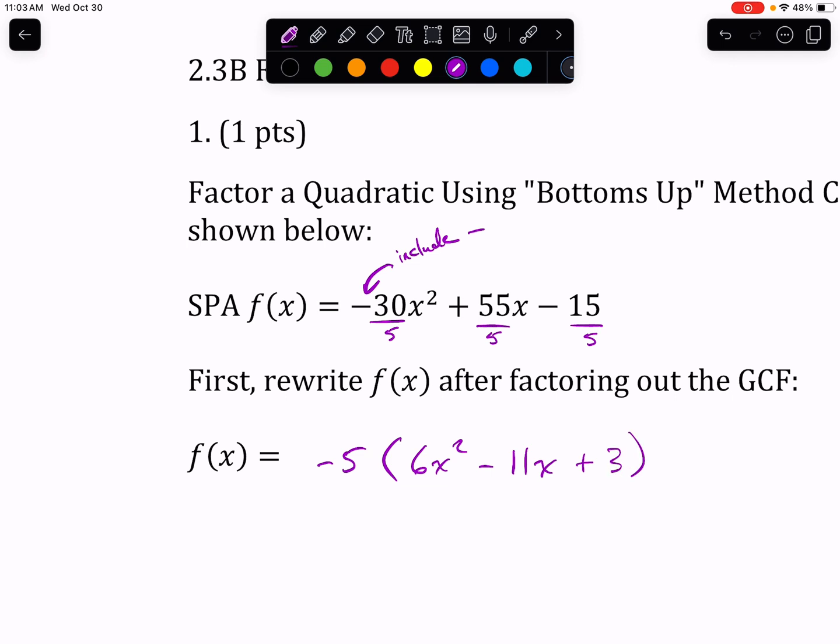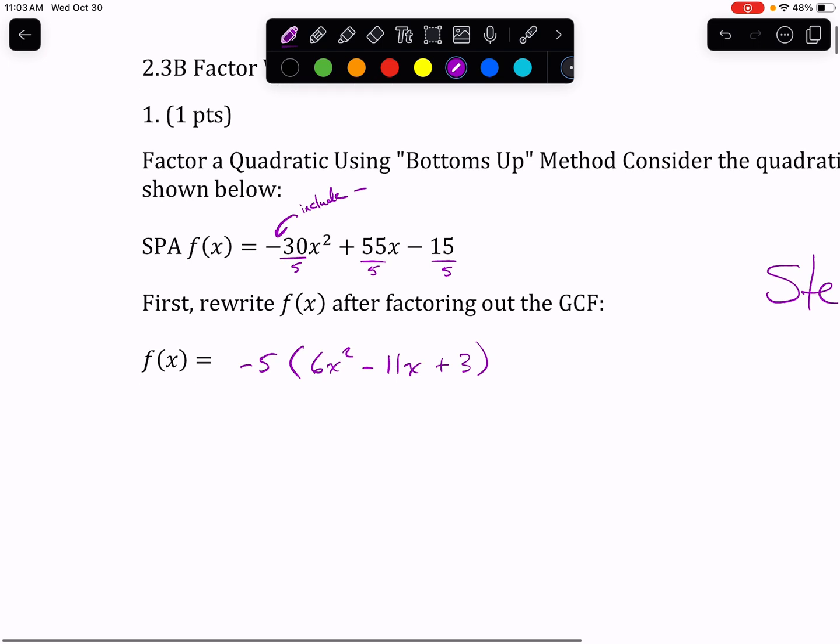The next step in the bottoms-up method is the AC and B. This is now in standard form. We have ax squared plus bx plus c.